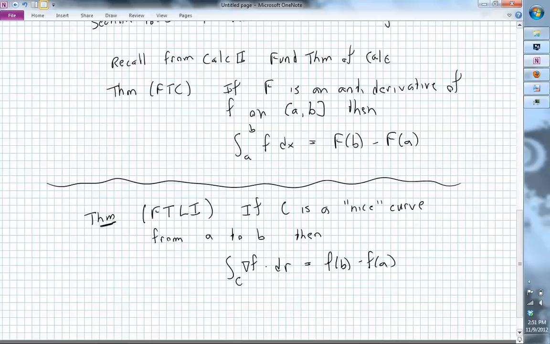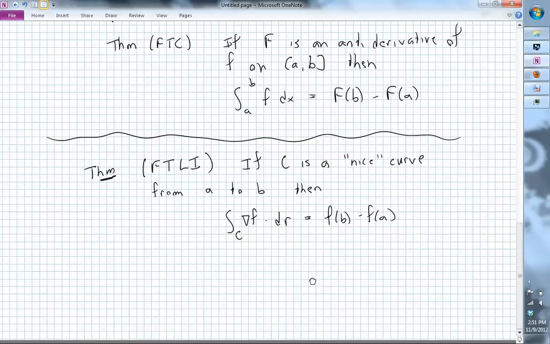So if the vector field is the gradient of some function, then the fundamental theorem of line integrals applies, and it's really easy to compute the integral. You just take the function f of b minus f of a, and you're done. You don't have to parameterize it. You don't have to do any real work. Actually, I'm lying, but you have to do less work than you normally would.